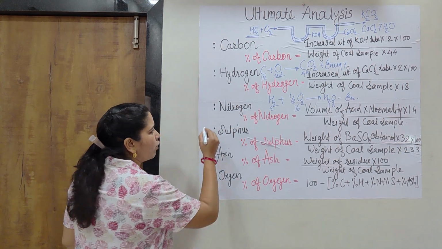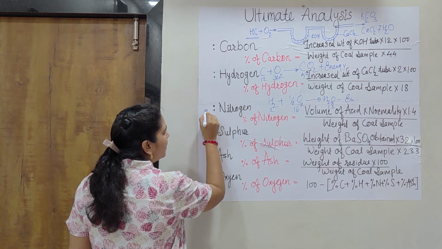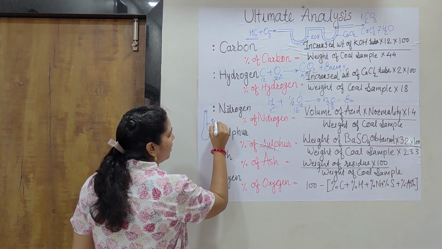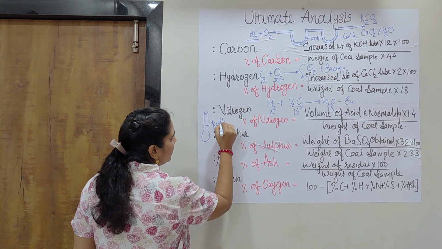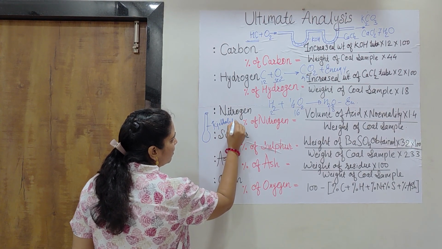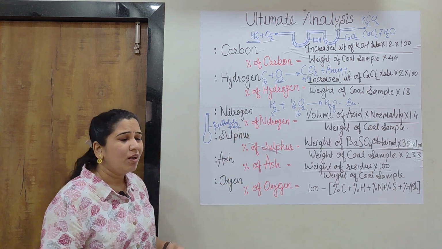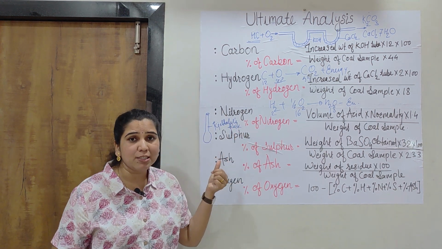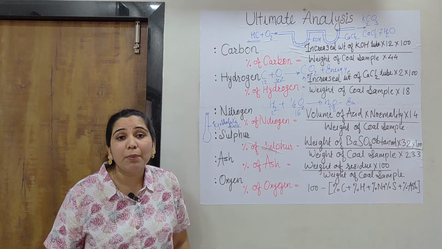In the case of nitrogen, the flask considered is called a Kjeldahl flask. This flask is nothing but a round bottom long neck flask, so that the products when produced do not directly escape.